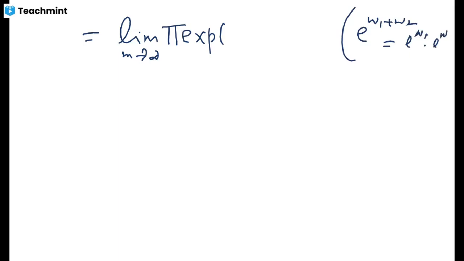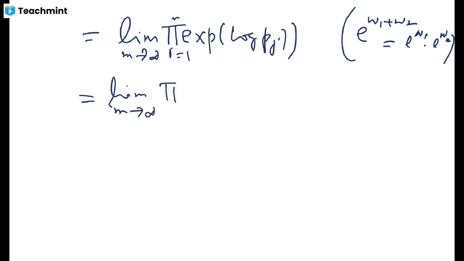I'm using this identity of the exponential function, so it is exponential of log of pj, and now exponential and log are inverse to each other, so this is limit m tends to infinity. You are left with the product j from 1 to m of p of j, as desired. This was the desired equality. Is it okay?